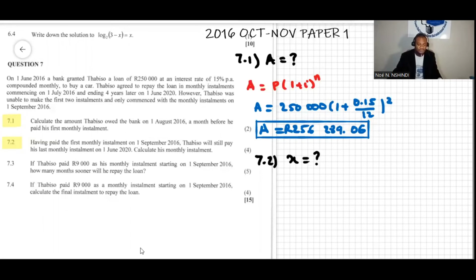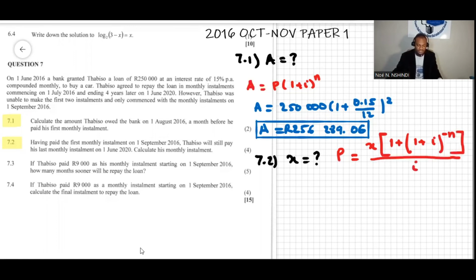Now we do know that the formula is given by P equal to x, open square brackets, 1 minus open brackets, 1 plus the interest, all to the power of negative n, close, all over i.